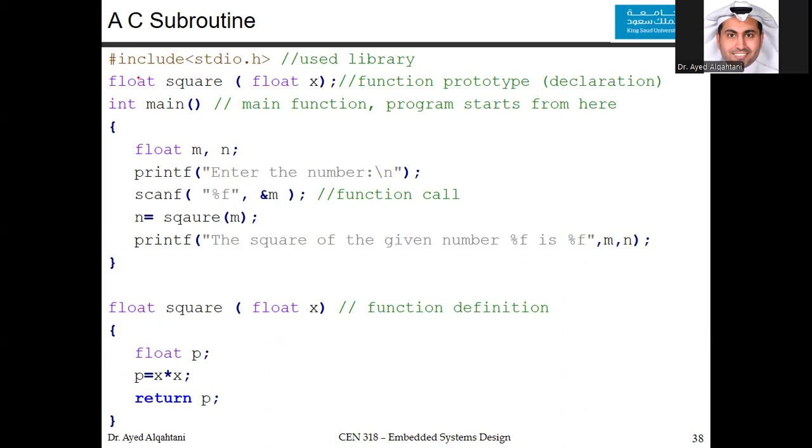The return value for it is float, and it accepts as an argument or parameter another float value, which is x. In the main function, you define m and n as float numbers, and you print a message, enter the number, \n is the new line, and then you read the number from the keyboard.